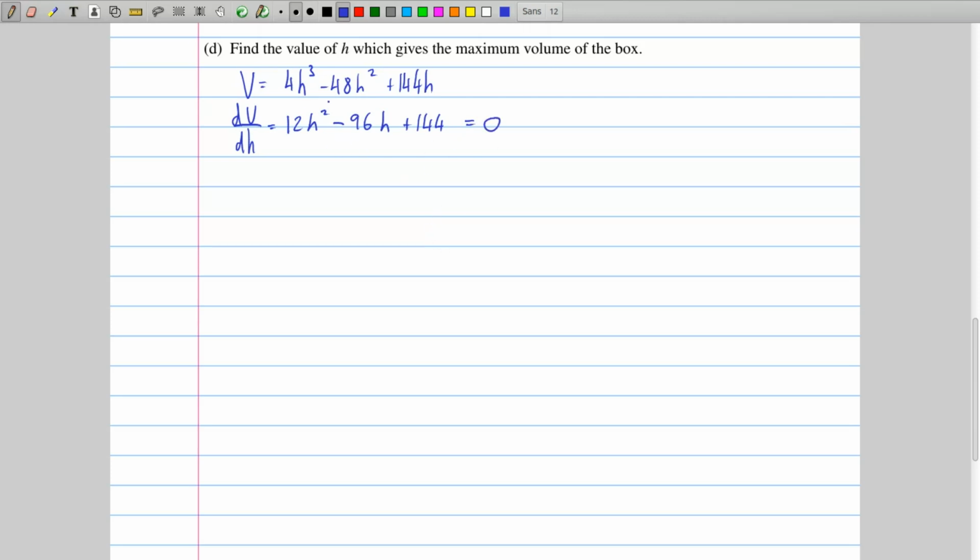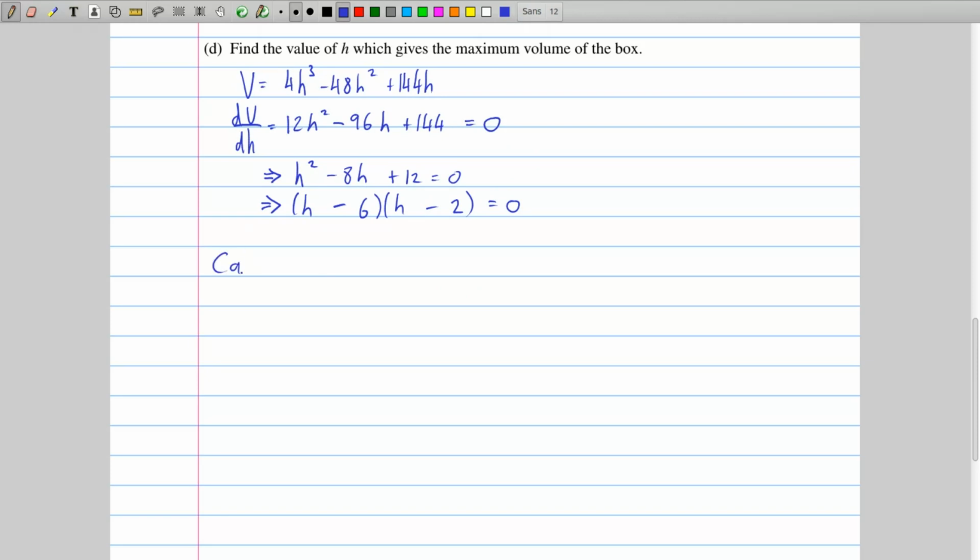Now these are very difficult numbers to deal with, so I'm going to divide everything by 12 to make it a little bit easier. So h squared, 12 goes into 96 8 times, so it's minus 8h, and 12 goes into 144 12 times, so that equals 0. Then to find h, we have to factorize this, so we go factors of 12 that add to 8 are going to be 6 and 2, and they're both going to have to be minuses, so that equals 0.